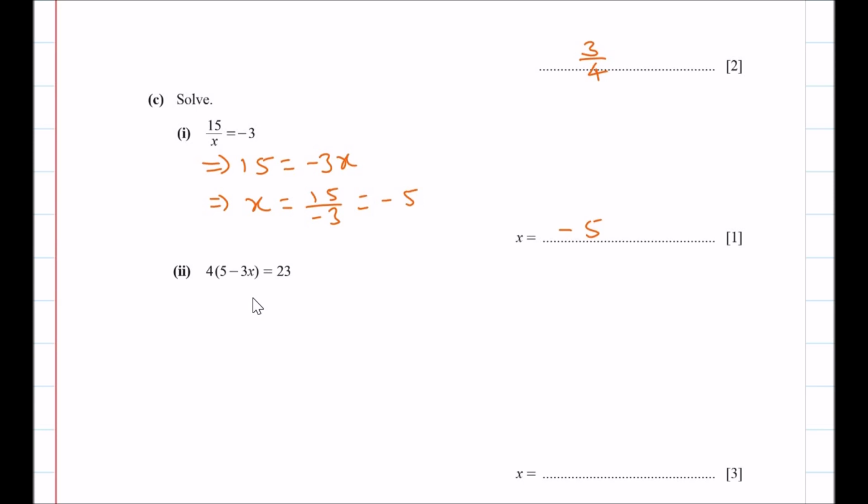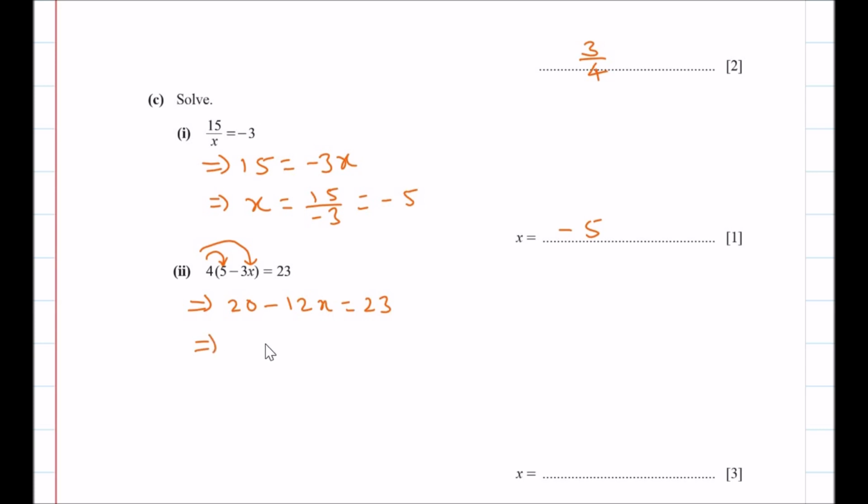Part 2. We have a bracket here. So we need to expand the bracket first. If we expand the bracket, we multiply 4 and 5 and then 4 into minus 3. So 4 5s are 20, minus 12x is equal to 23.